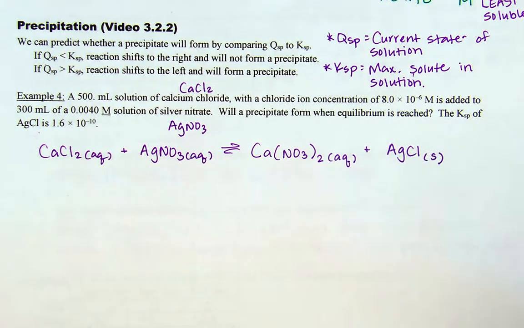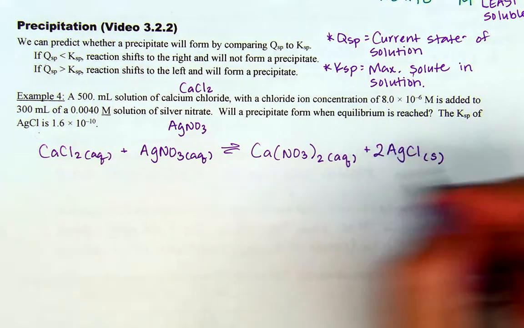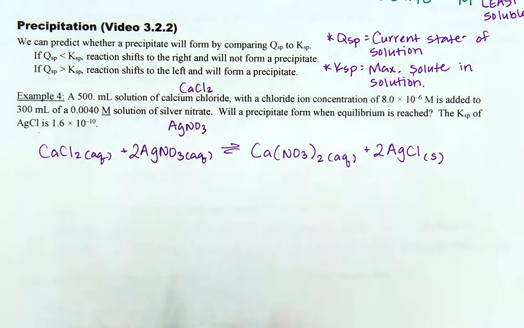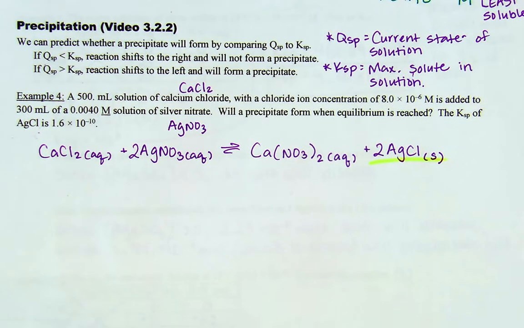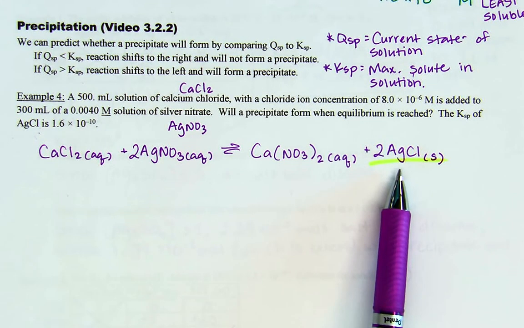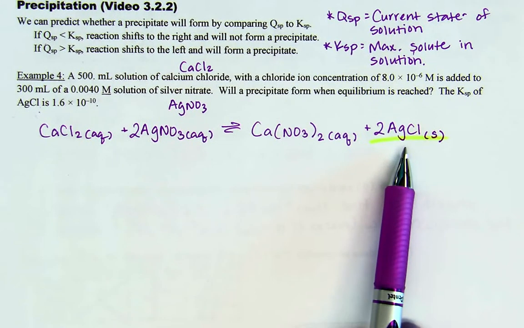Now this is your solid. This is what you care about. Just making sure this is balanced here. There's your balanced reaction. So this silver chloride is the thing that I care about right here. That's going to be the solid that's going to form, and I'm trying to figure out if I'm going to get a precipitate of this, or if there's so little of it in solution that it will just stay dissolved.